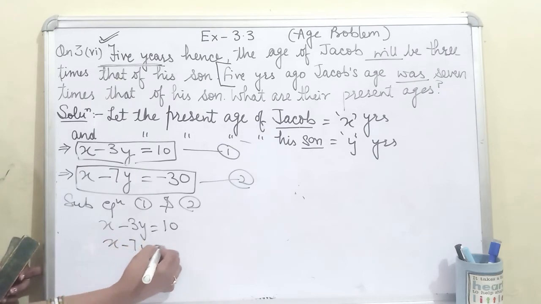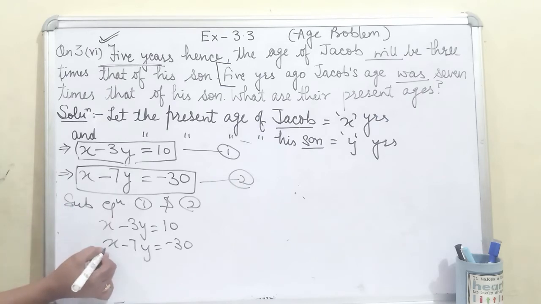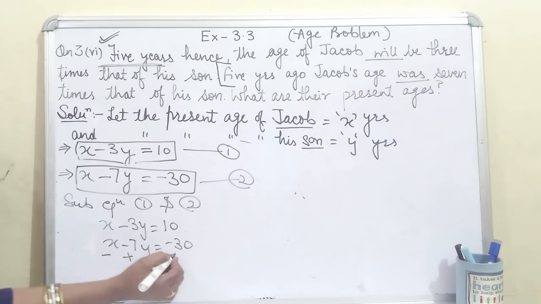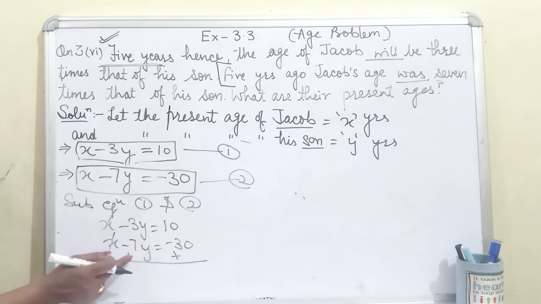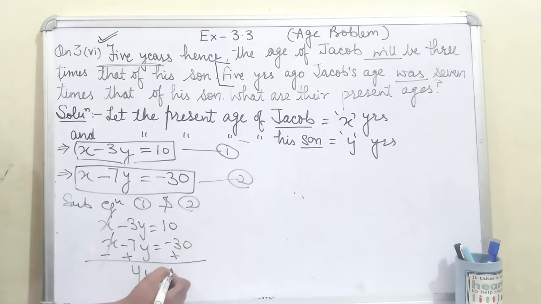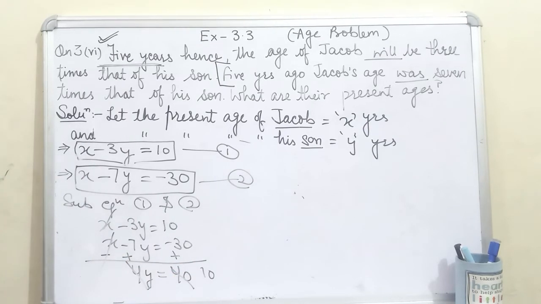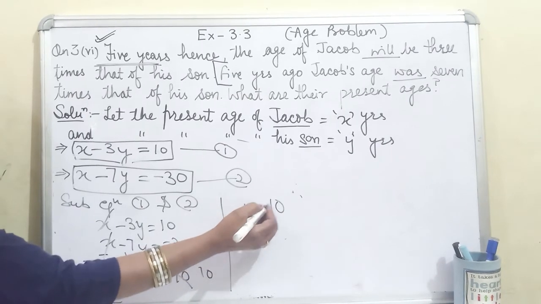X minus 7y equals minus 30. As I'm subtracting these two equations, I have to change the signs. So X and X cancel out. Minus 3y plus 7y is plus 4y. 4y equals 10 plus 30, which is 40. 4 tens are 40. So y equals 10.